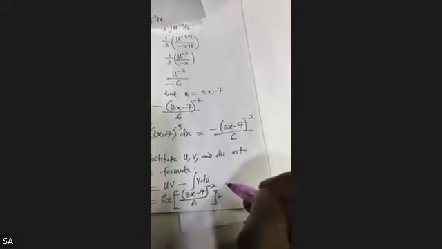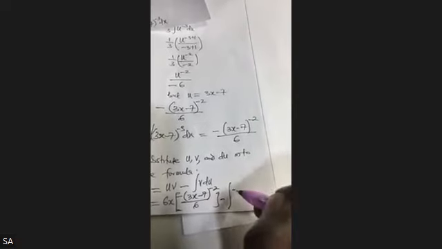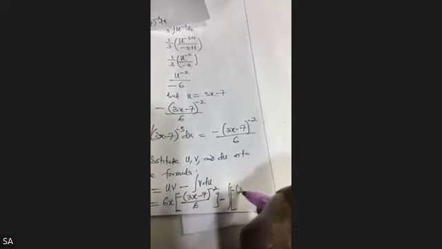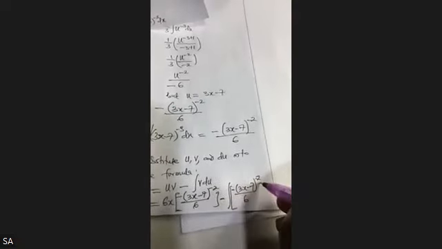The minus integral of v, which is minus 3x minus 7 raised to the power minus 2 over 6. Remember, this is our v. Then du is 6, so this is 6 dx.